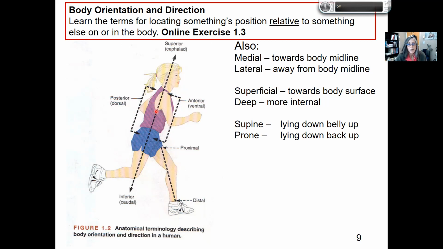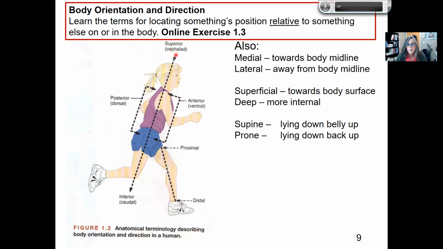If something is more forward, then you use anterior. If something is more backward, towards the back, then you use posterior or dorsal. Another one: towards the head, which is superior, or towards the feet. This one's kind of tricky because you have two CC words.